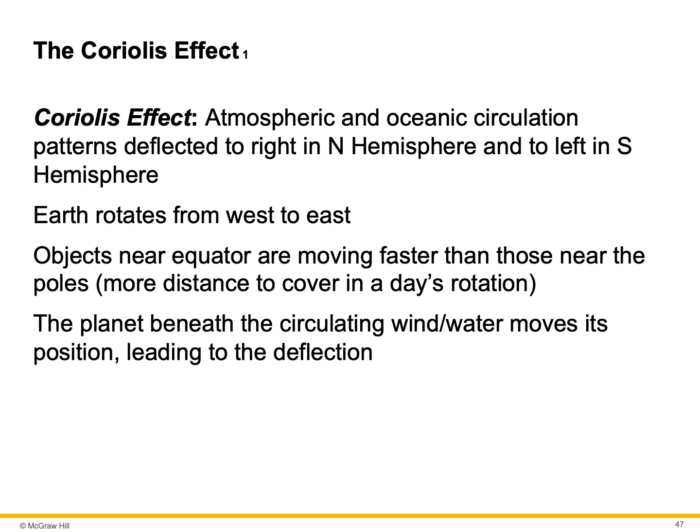That's the direction that it spins. The objects near the equator actually move faster than those near the poles because there's more distance to cover in the day's rotation. The planet beneath the circulating wind and water moves its position, leading to the deflection.